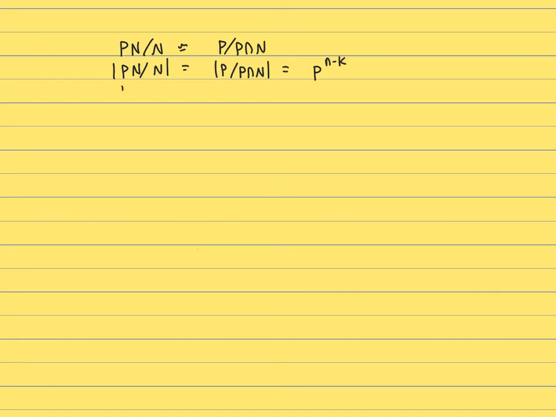On the other hand, the order of G mod N is seen to be p to the n minus k times m over d. And so the size of a Sylow p-subgroup in G mod N is p to the n minus k. And we have a group of that size. So PN mod N must be a Sylow p-subgroup in the quotient.